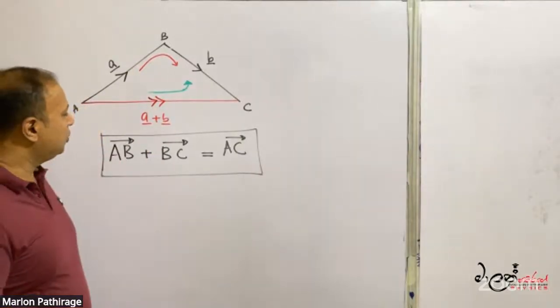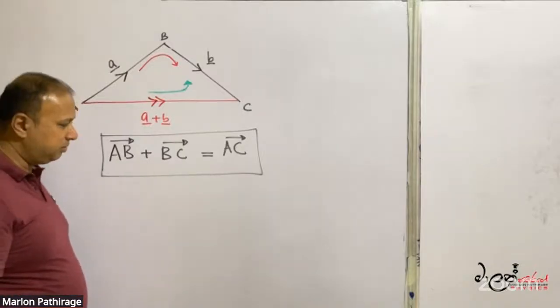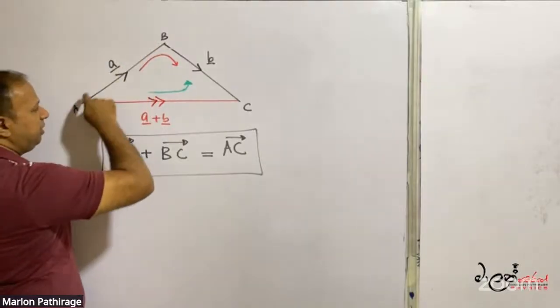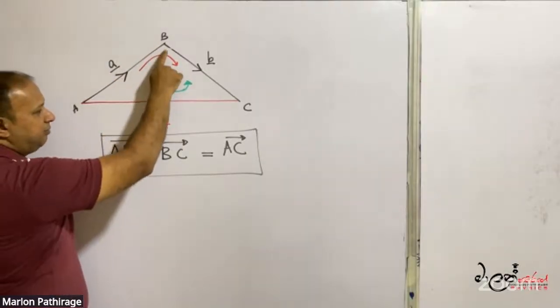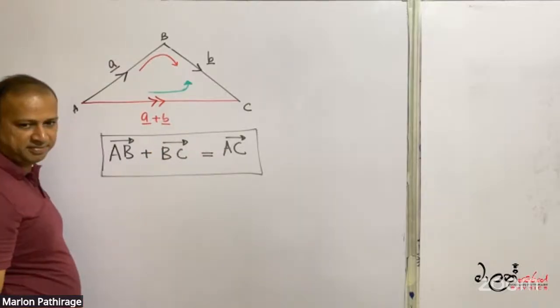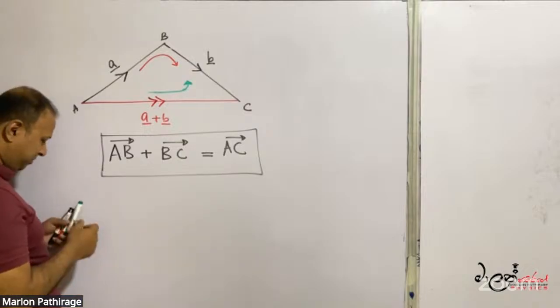Most important is this relationship. Look at this one: vector AB plus vector BC is equal to vector AC. So this is an algebraical expression.